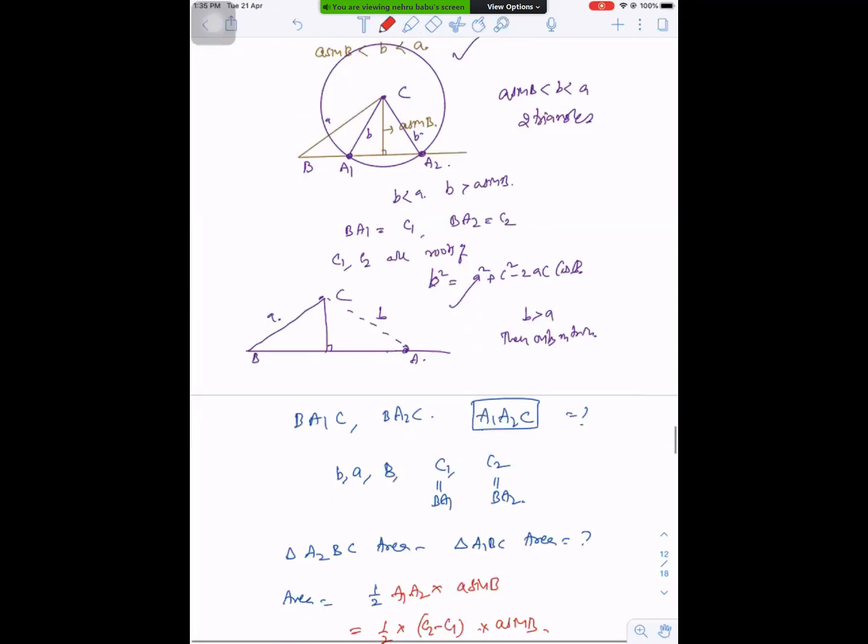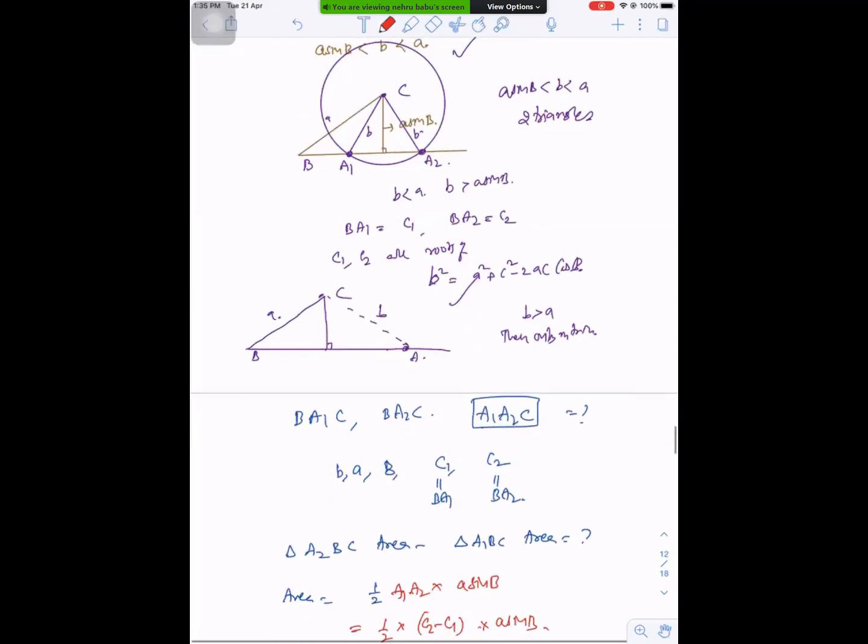And here, if you observe the angles also, the angle at A1 and the angle at A2: if you assume this angle in BA2C is theta, then in BA1C this angle is 180 minus theta. Why 180 minus theta?